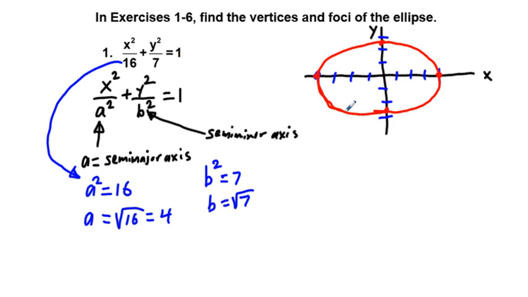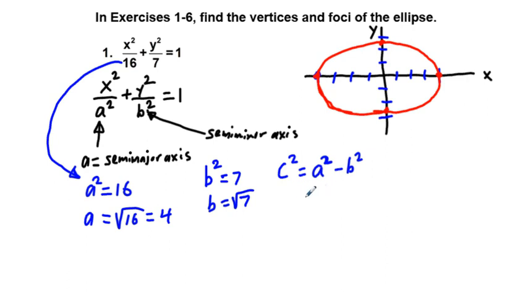Now, to find the foci, c squared equals a squared minus b squared. In this case, c is the distance from the center to the focus.